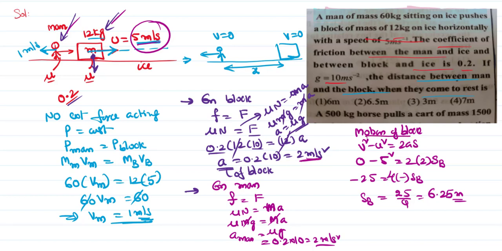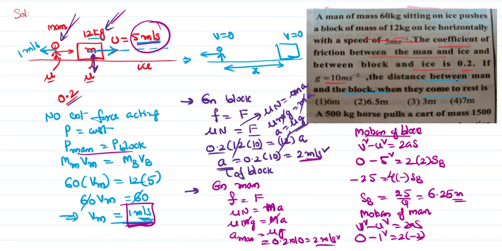Now we have to talk about the motion of the man also. Motion of the man using the same formula again: v square minus u square equals 2as. The man is also going to stop. But the initial velocity of the man, based on the conservation of momentum, we have calculated as only 1. The value of a again I will write as minus 2, indicating an opposite direction.